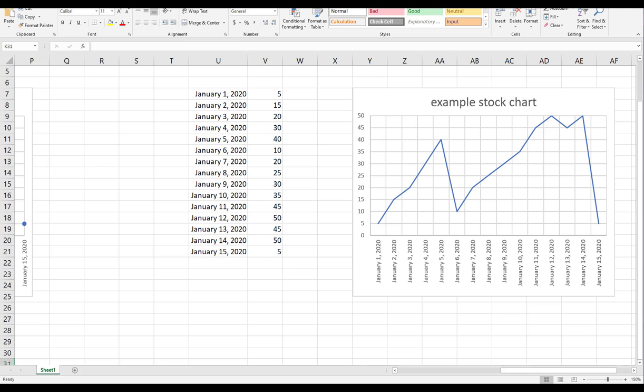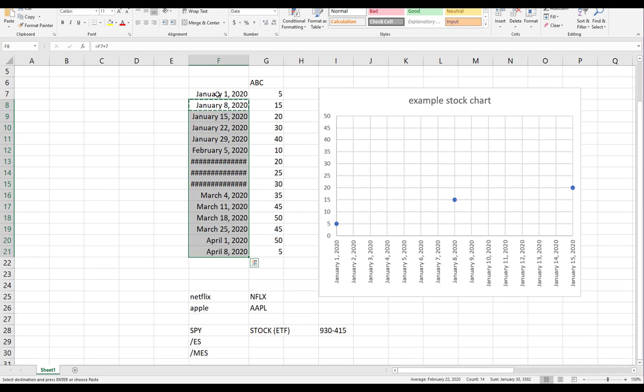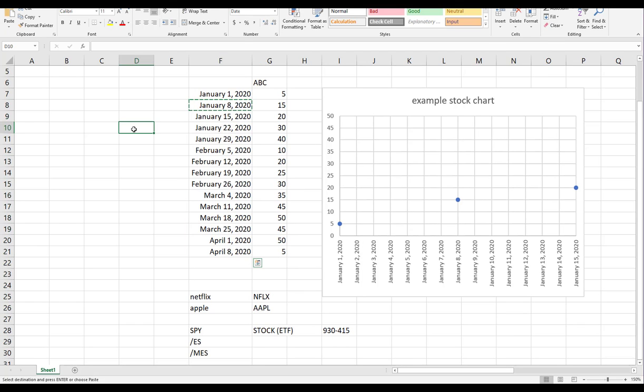Now, you don't necessarily want to do it daily. You could do it every week. So imagine that instead of this being January 1st, January 2nd, January 3rd, January 4th, it was weekly. I guess I don't know why that didn't update, but it doesn't really matter.